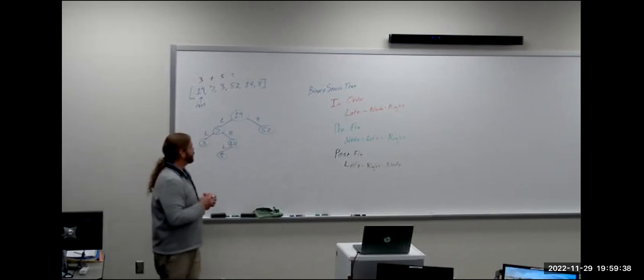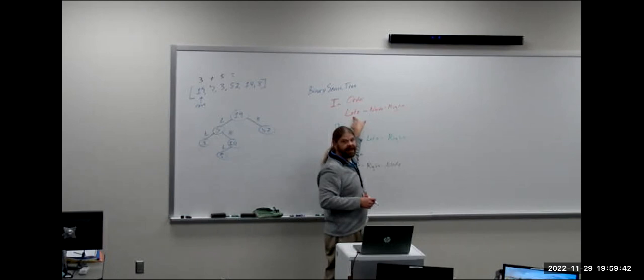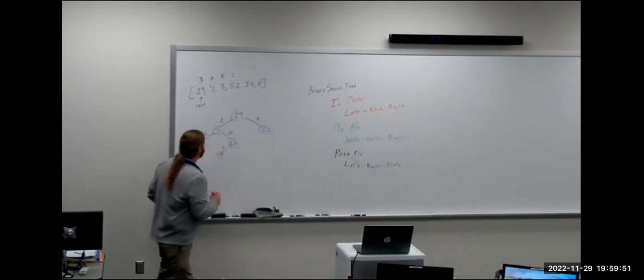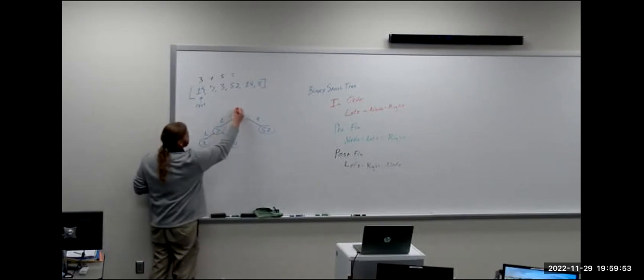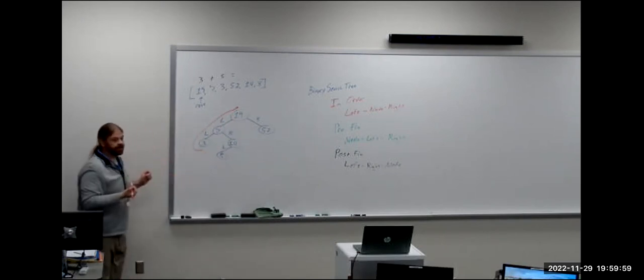So in order, we start by going left as far as we can. When we can't go left any further, we'll grab that, and then we'll come back and grab any nodes and move to the right. So we start at the root, go left as far as we can. Can't go any further.